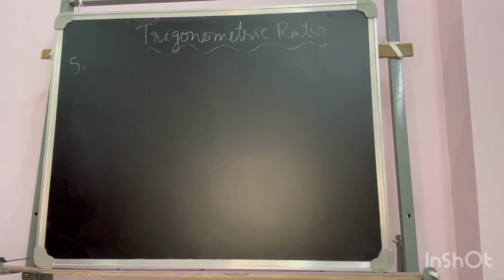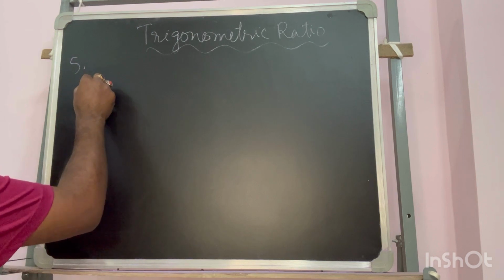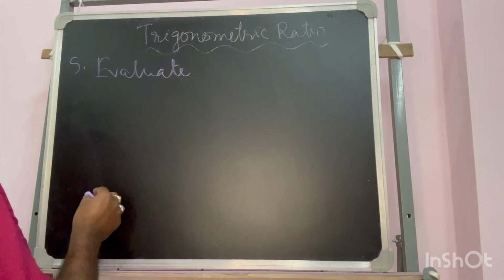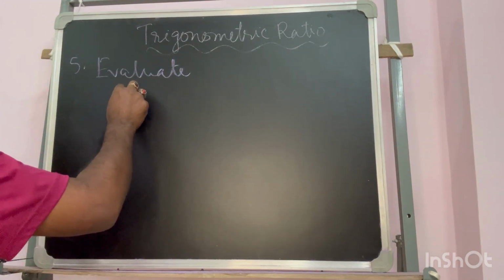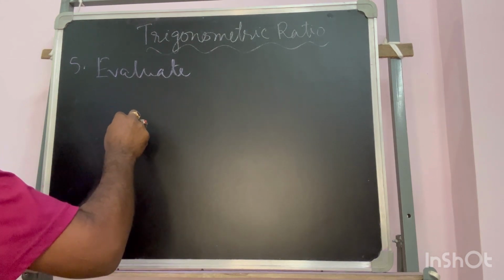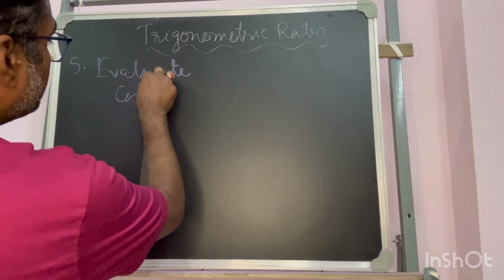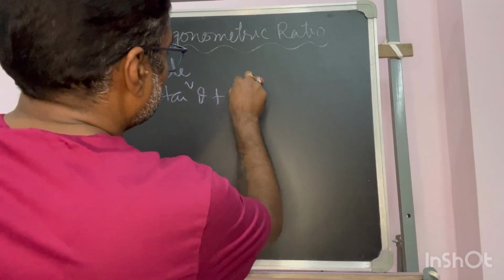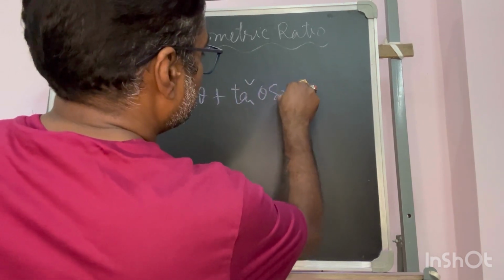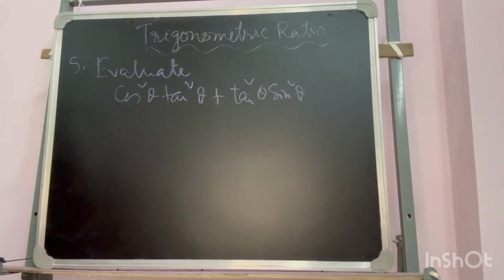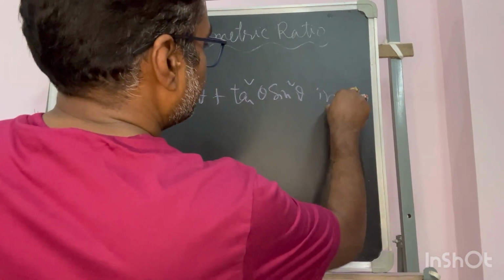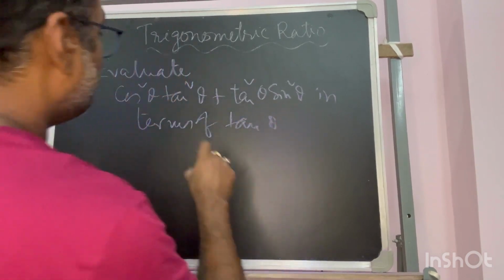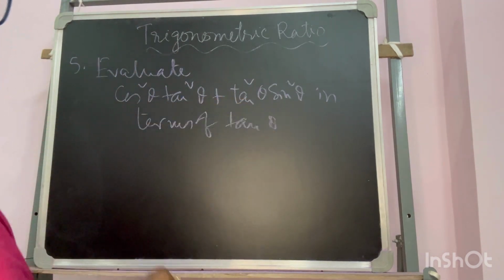Okay, it says evaluate cos square theta tan square theta plus tan square theta sin square theta in terms of tan theta.